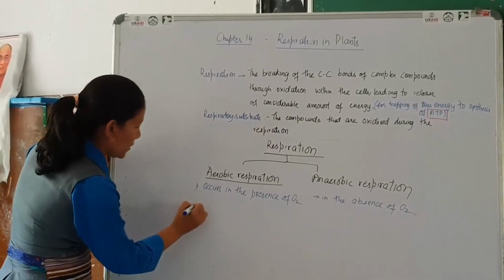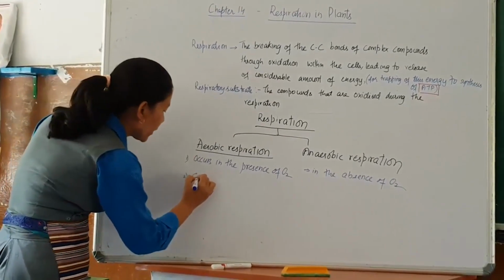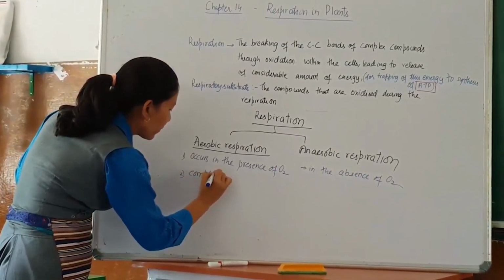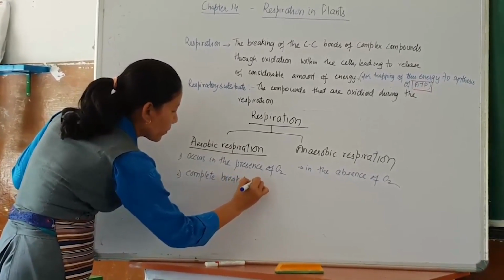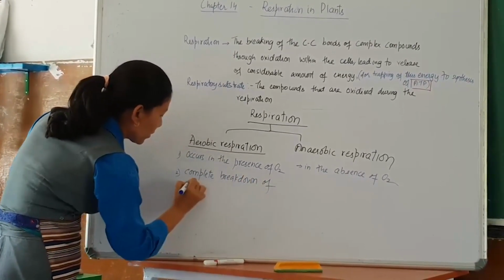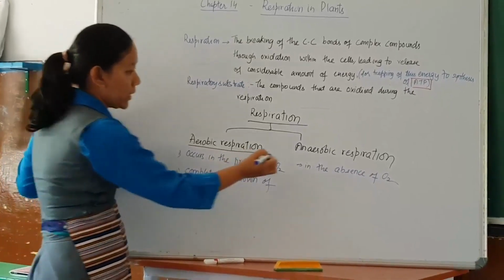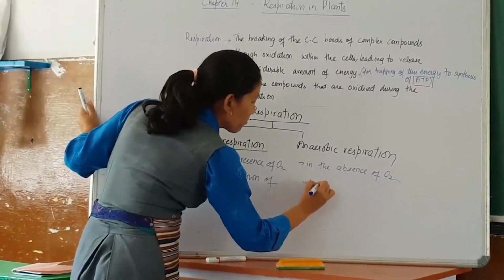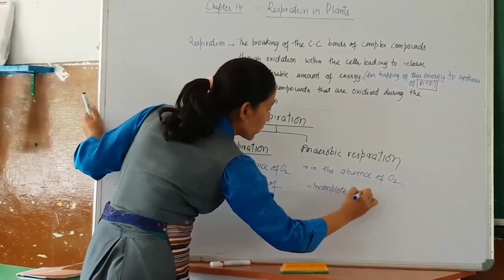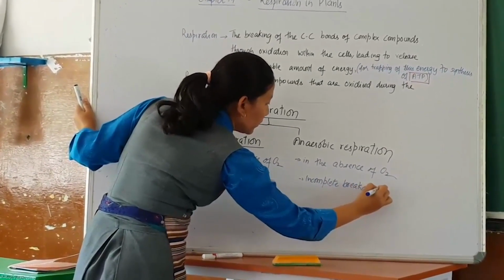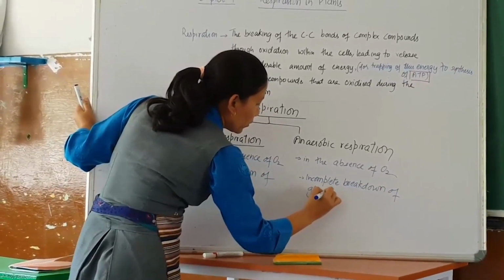Second one is, during aerobic respiration, there is a complete breakdown of glucose. Here it is an incomplete breakdown of glucose.